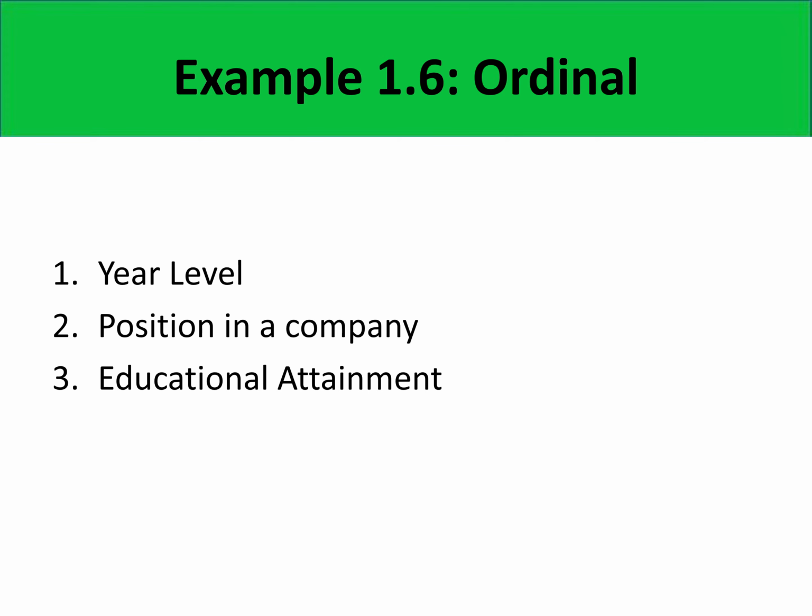Other examples of variables in the ordinal level of measurement would be year level, position in a company, and educational attainment. For year level, second years are higher than first years. For position in a company, president is higher than the vice president, while for educational attainment, college graduate is higher than high school graduate.